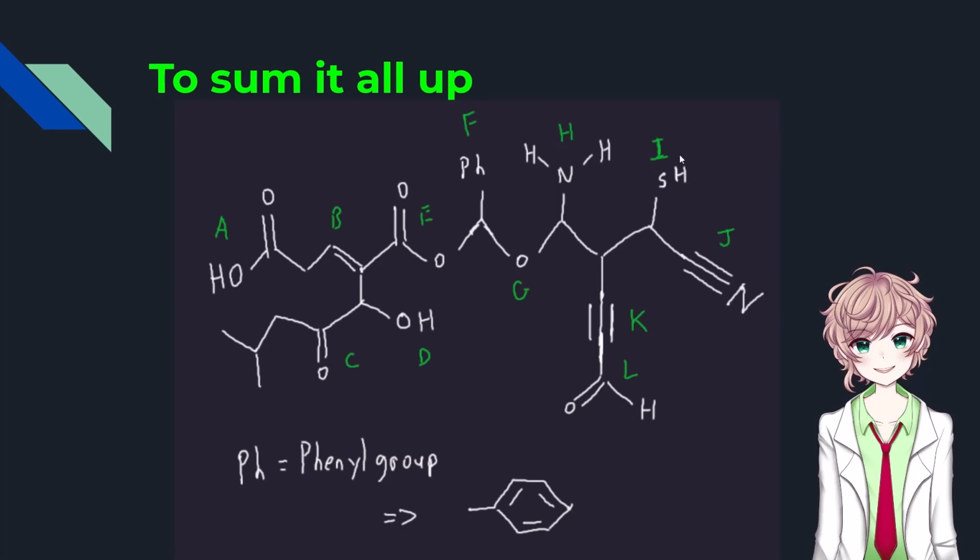This right here is a thiol group. Over here, carbon triple bonded to a nitrogen. This here would be a nitrile group. Over here, carbon triple bonded to another carbon. That would be an alkyne group. And again, we went over this. Carbonyl group bonded to a hydrogen, an aldehyde group. And we know this because it's at the end. It's a terminal functional group.